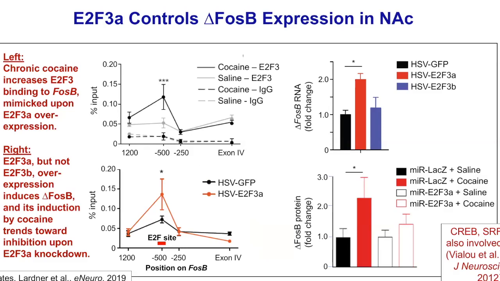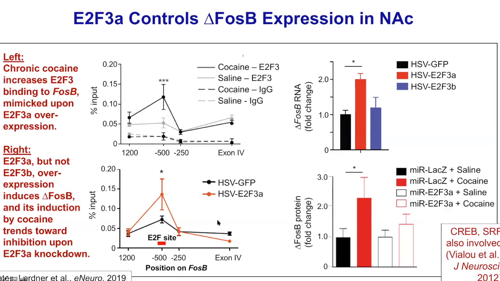And by the way, unpublished data suggests that the opposite is not the case. DeltaFosB does not influence E2F3 expression. First, we can show that cocaine administration induces binding of endogenous E2F3 to a region of the FosB promoter containing a predicted E2F site. When we overexpress E2F3 virally, E2F3 is recruited to that same site.